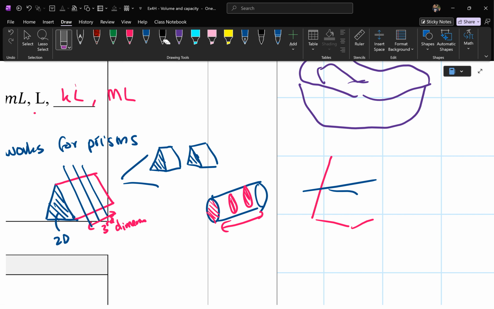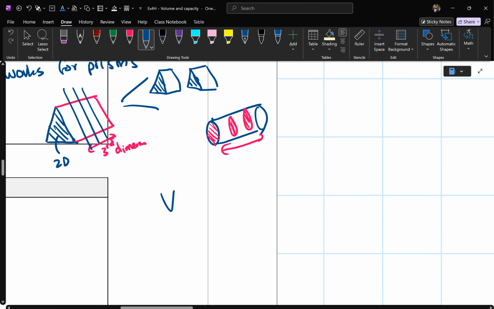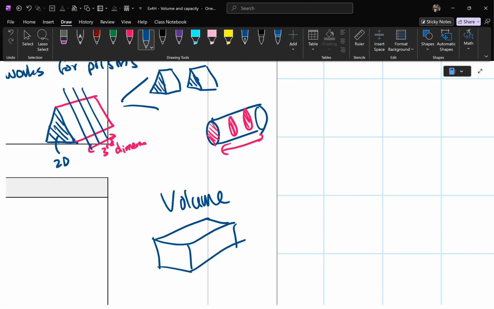Okay? Now, the most infamous volume formula that almost every student knows, even if I ask the foundation students, they still know, is the volume of a rectangular prism. What's the volume of a rectangular prism again?